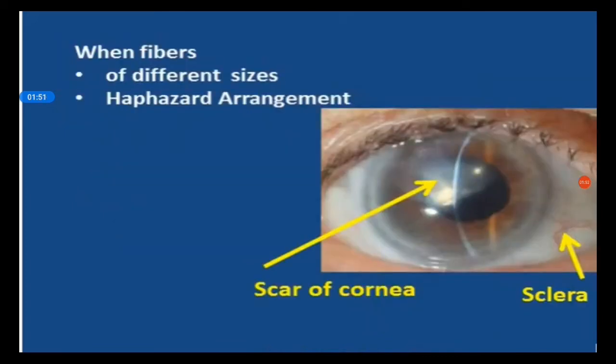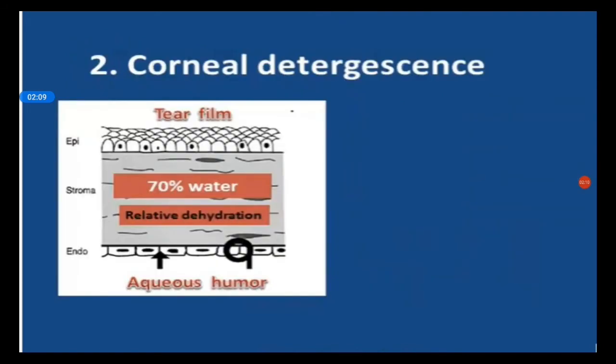Also, if this spatial arrangement is lost, as in a haphazard arrangement of the fibers, then we get an opaque surface like the sclera, or if it occurs in the cornea, we get an opacity in the cornea. The second factor for transparency is that the water content of the cornea is only 70%.